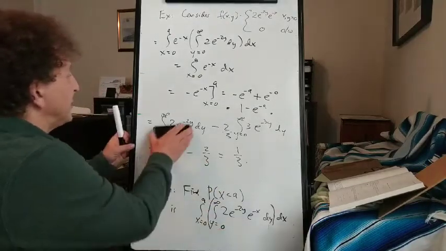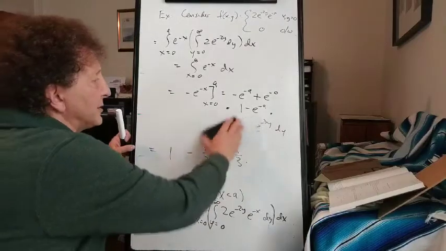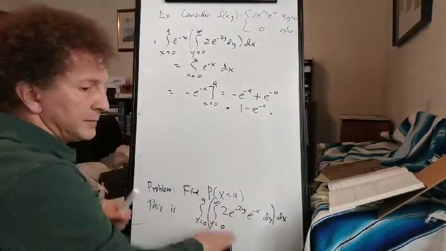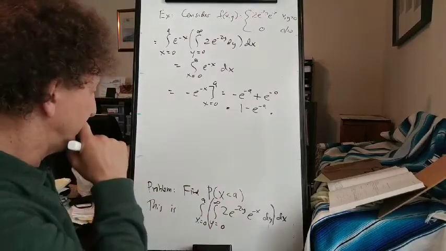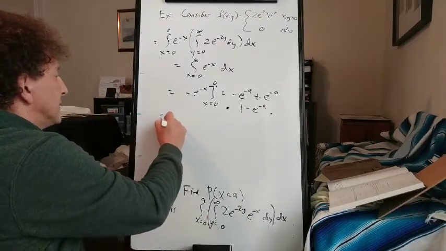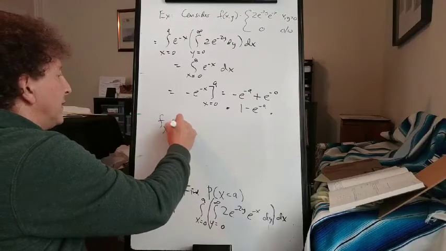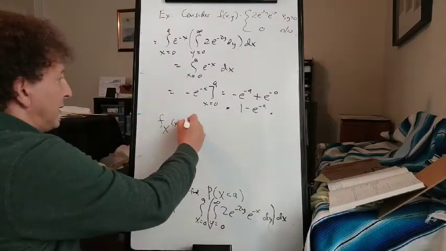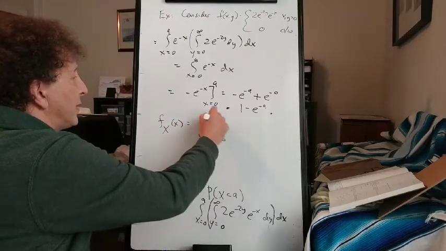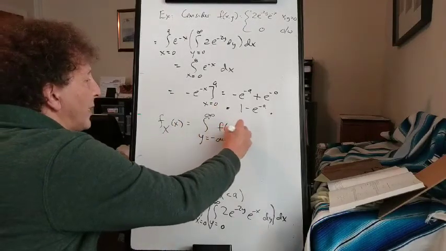Now let's find the marginal density functions just for x and just for y. So f sub capital X of x is what we get if we integrate f of xy.